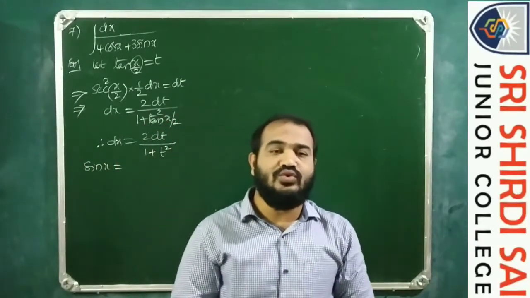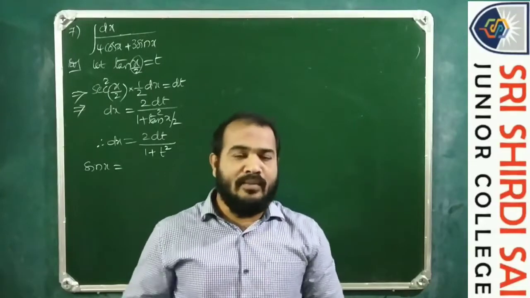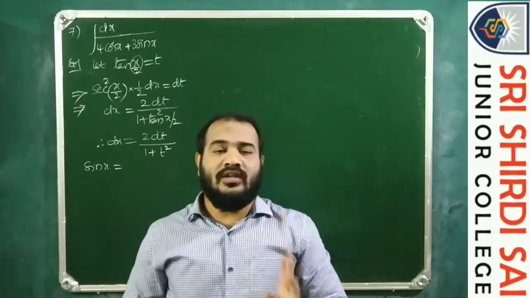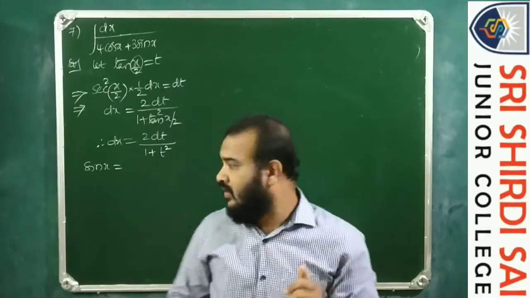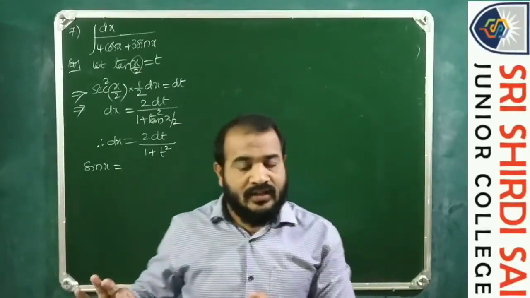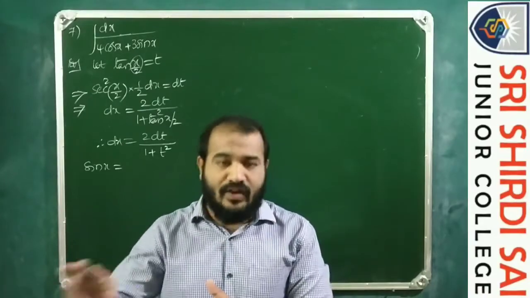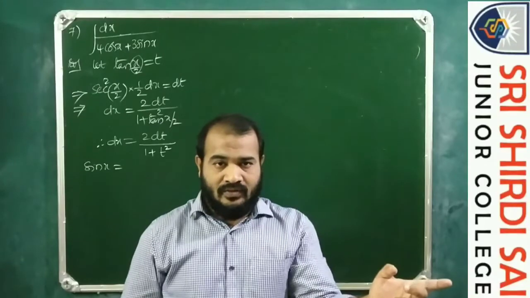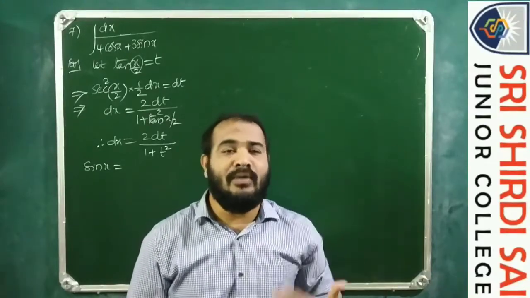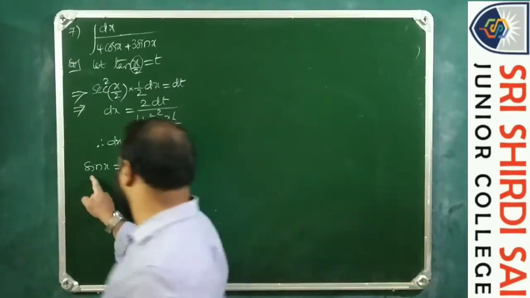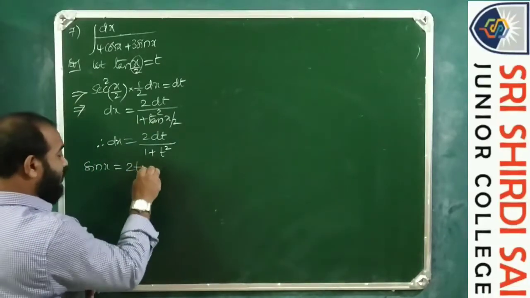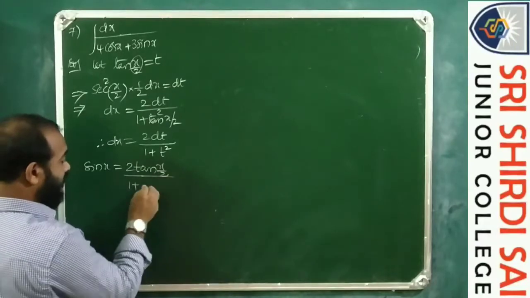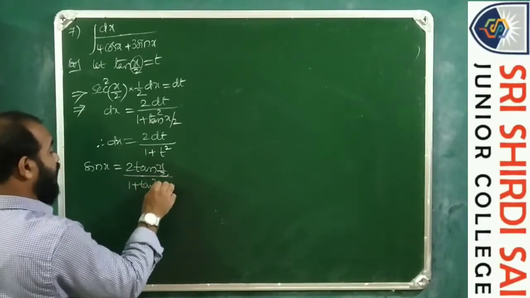And as far as sin x is concerned, sin 2 theta in terms of tan theta is 2 tan theta by 1 plus tan square theta. Cos 2 theta is 1 minus tan square theta by 1 plus tan square theta. But sin theta we want, that is 2 tan theta by 2 by 1 plus tan square theta by 2, which we have learnt in the last year, in multiple and submultiple angles in trigonometry. So sin x is equals to 2 tan x by 2 by 1 plus tan square x by 2.